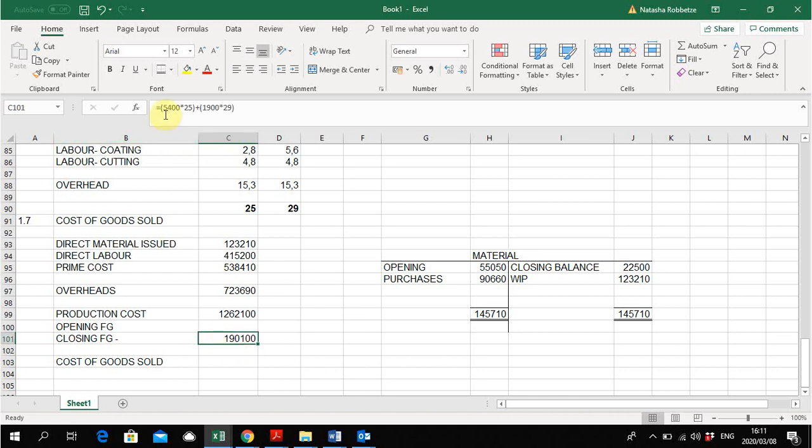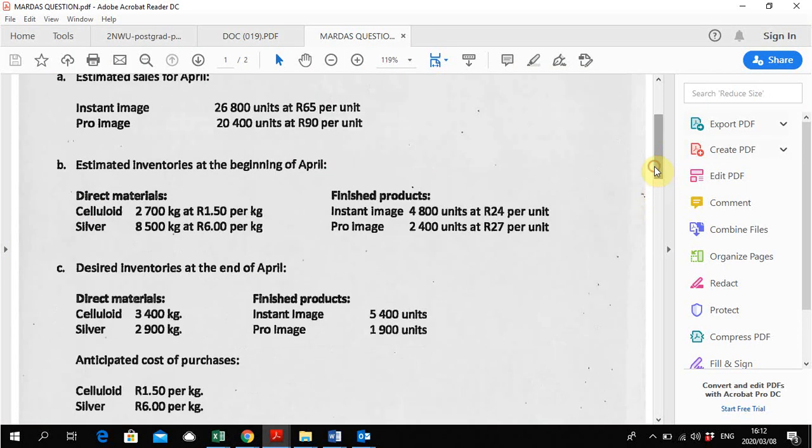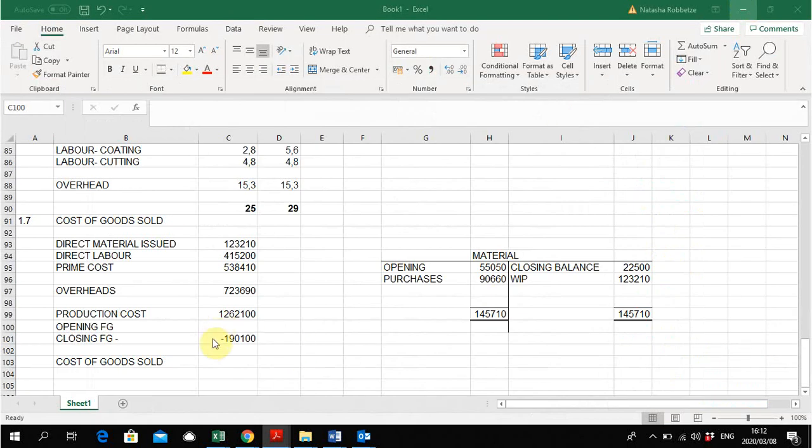Finished goods, it needs to be negative, so I'm just going to say minus and then put everything in brackets. For the opening stock, we have been provided with information relating to this. It is 4,800 units at 24 Rand, 2,400 units at 27 Rand. And they were so kind as to give you the opening stock values per unit.